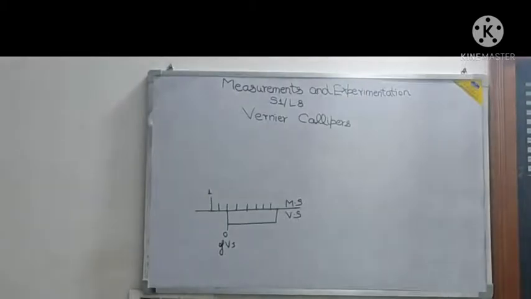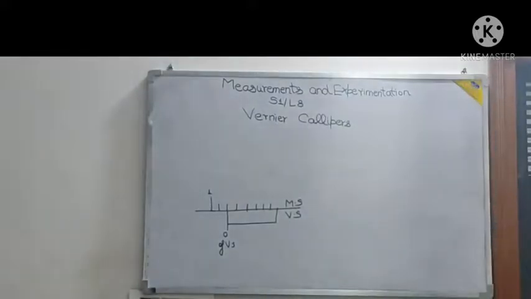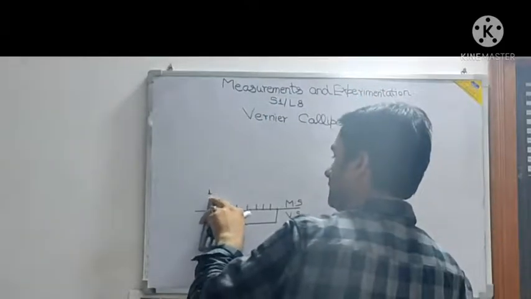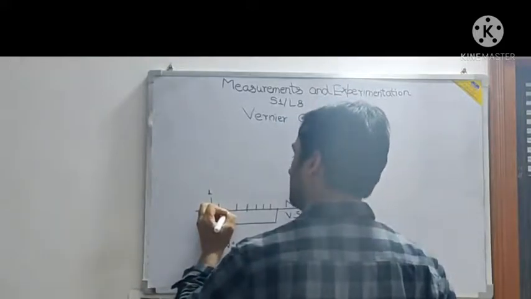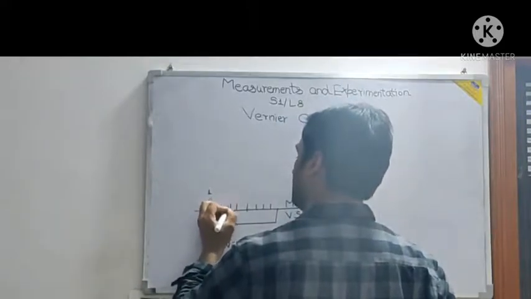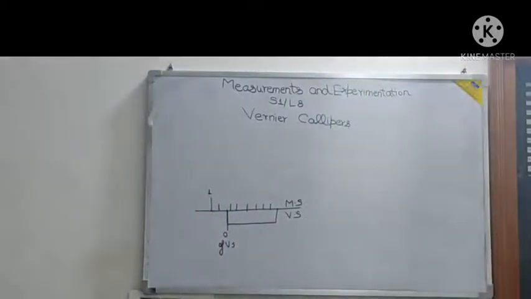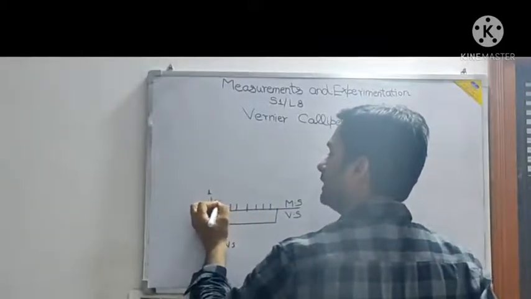Now see here, suppose this 0 of vernier scale is lying between the two readings of the main scale. There is 0 here, no? Okay. And see, every small division is how much value? 0.1 centimeter. So can I say this will be 1.1?